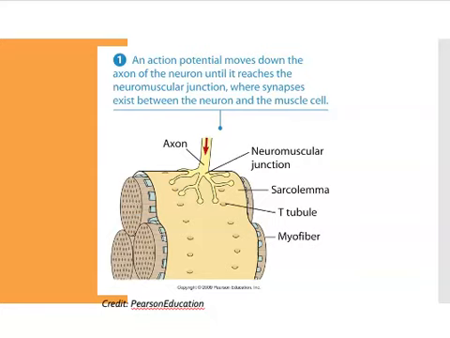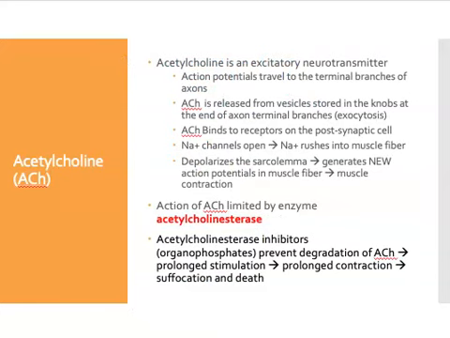A motor nerve is going to come and communicate with it, and acetylcholine is going to be released, and the acetylcholine can bind to that motor end plate because there are receptors for it there. So the motor end plate is the region of the sarcolemma. The synapse is between the neuron and the motor end plate. The synapse is called the neuromuscular junction. Those two terms are really easy to confuse with each other.